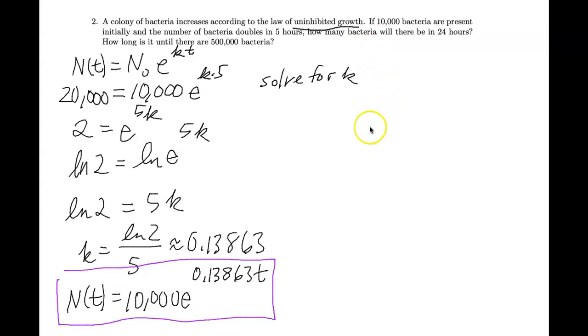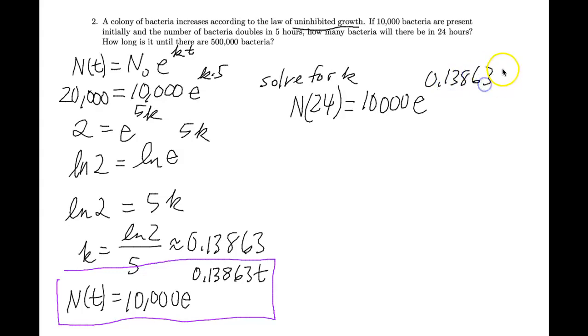So to do that first part, it's just going to be to find N of 24. So plug 24 in for t. I'm going to plug this in my calculator. Again, I'm just going to go ahead and plug this in all at once, so typing in the 10,000, e, and then everything up here is in the exponent.